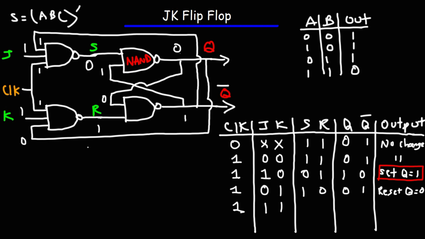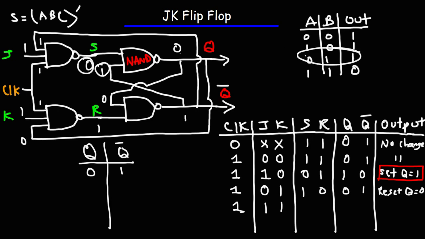Now for you to understand what's happening, I'm going to make another table with Q and Q bar. Right now Q is 0 and Q bar is 1. When S becomes 0, we have a 0 and a 1. That's going to make the output 1.